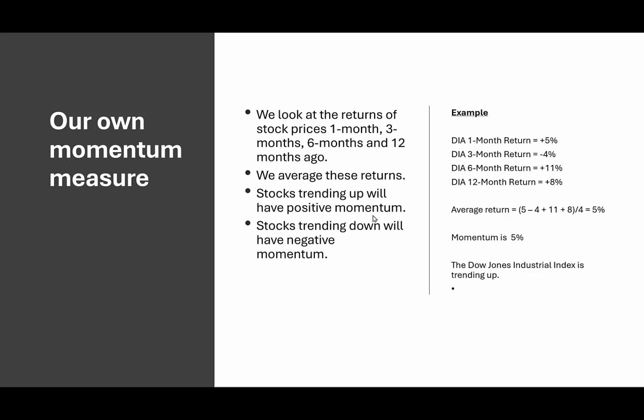Okay, if the number is positive, it means that the stock is trending upwards. And if the number is negative, then the stocks are trending downwards. All right, so this is a very elegant and simple way for us to have a certain grip on what kind of stocks are trending right now.